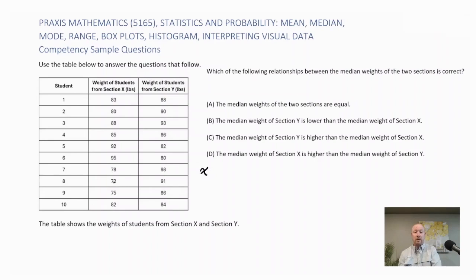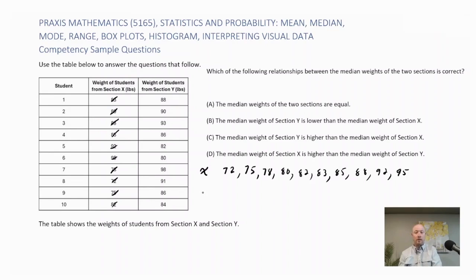So it looks like the smallest is 72, then we have 75, then 78, and then the next is 80, and then 82, and then the next number would be 83, and then we have 85, 88, 92, and 95.